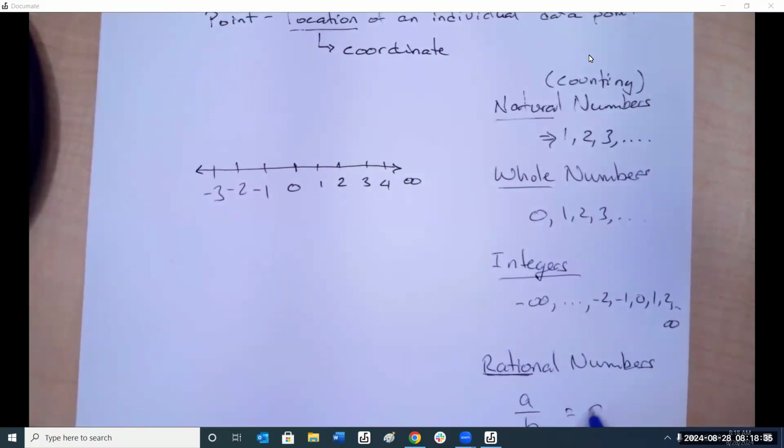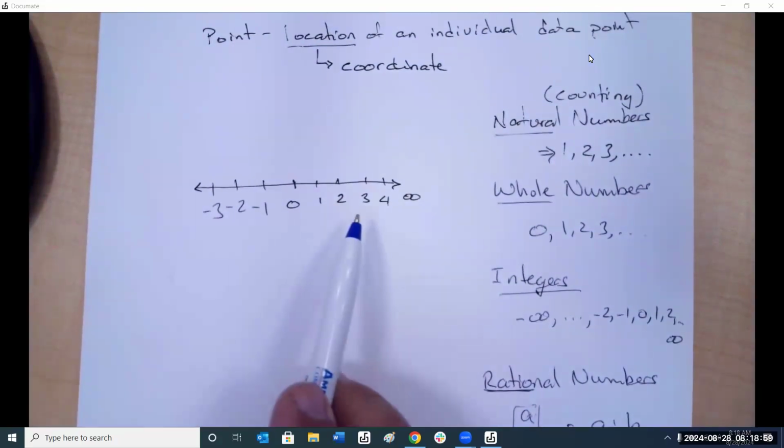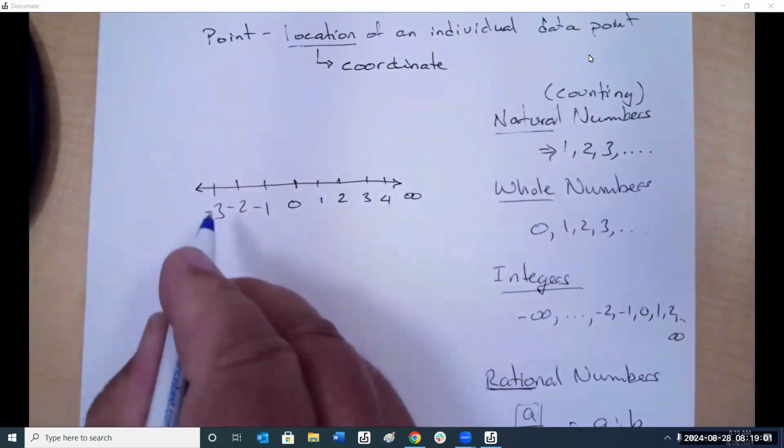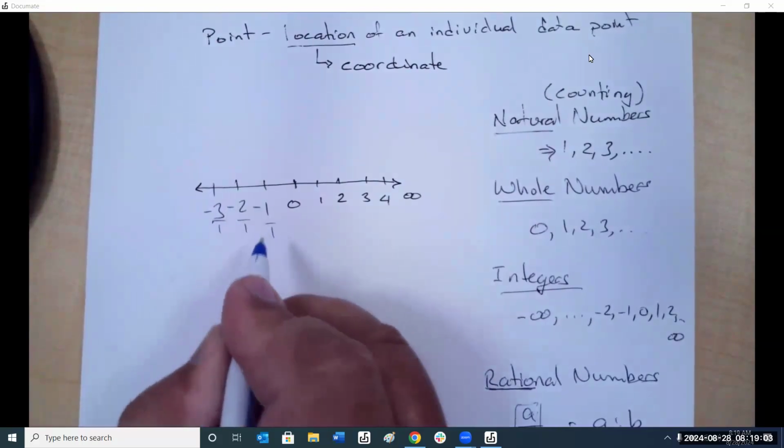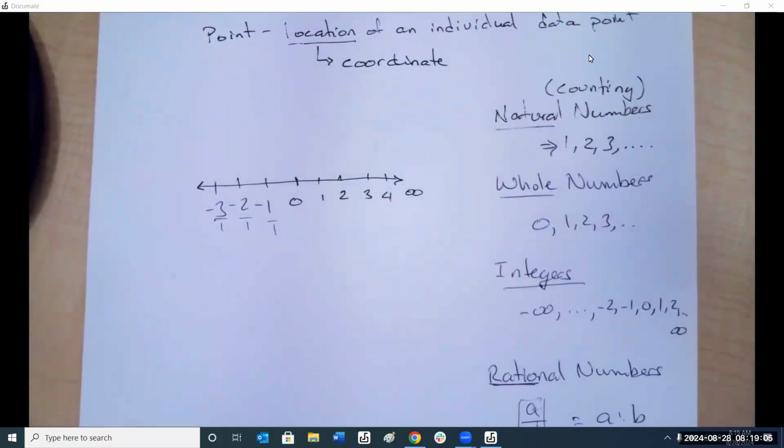But yeah, then we could look at it this way, A is to B. So we're saying every number is a rational number, except for the irrational numbers, like pi. In other words, every number except the irrational numbers, I'll tell you the difference in a second, can be represented as a fraction of something. In other words, these are rational numbers because they're all divided by 1. Everything's divided by 1.